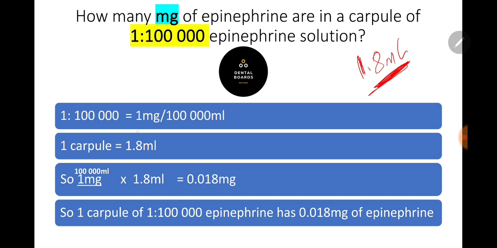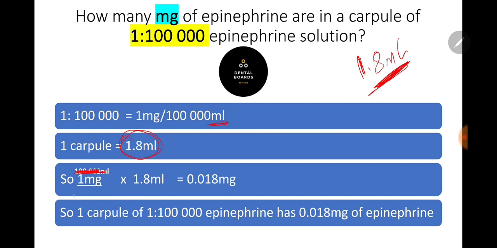So you have to know the milligrams. So 1 to 100,000 pretty much means 1 milligram in 100,000 mL. So that's the volume. Because you know one capsule has 1.8 milliliters, or mLs. So pretty much disregard this. My PowerPoint here added this, so remove that.